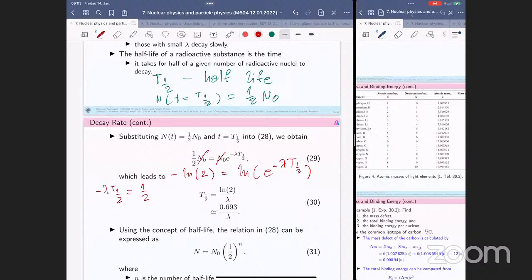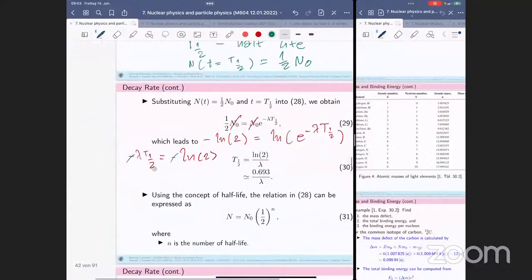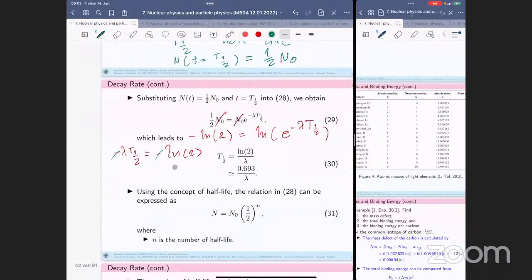It's ln 2 on the right hand side. You get negative ln 2, and you can cancel the negative sign here. So in order to find T1/2, the half-life, you just move lambda to the right hand side and you get this equality here.